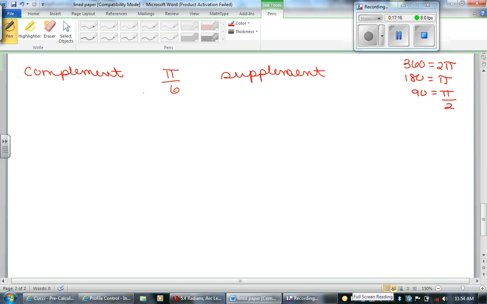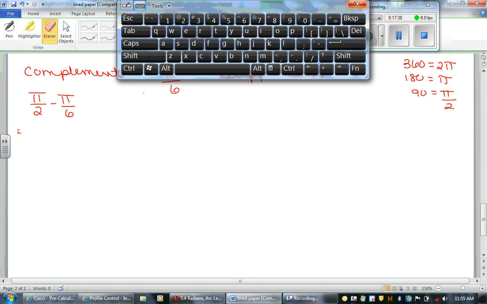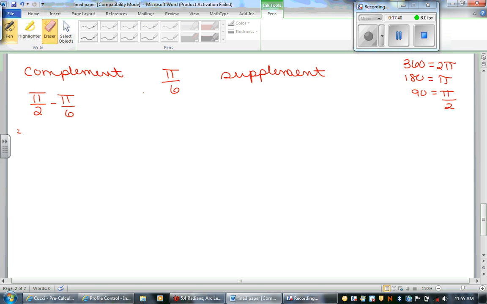So complement means it has to add up to be 90 degrees. So what I'm going to do is take my 90 degrees, or my pi over 2 radians, and subtract from it my pi over 6, which we know to be 30 degrees, or pi over 6 radians. We do need a common denominator, which is going to be 6.